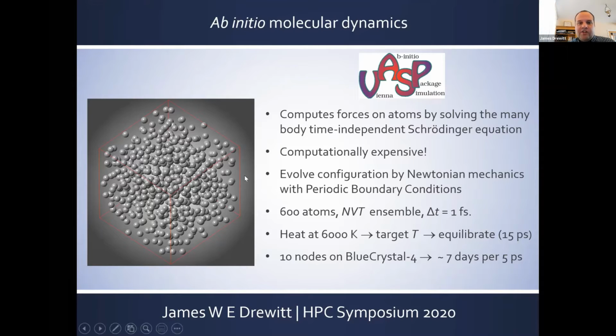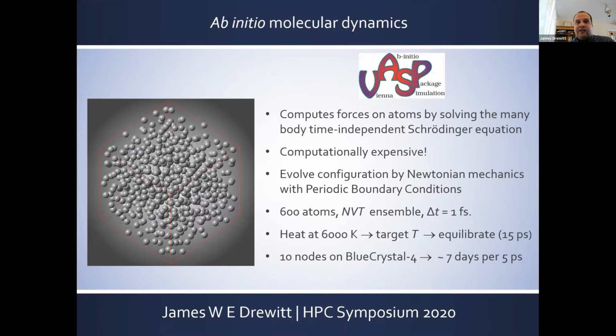So in my simulations, I used boxes of 600 gallium atoms in the NVT ensemble. So the number of atoms, volume, and temperature remain constant during each simulation.